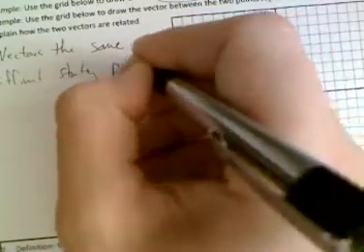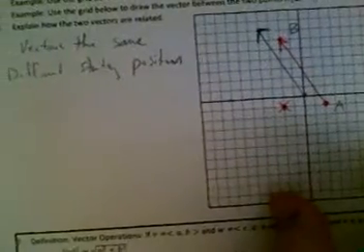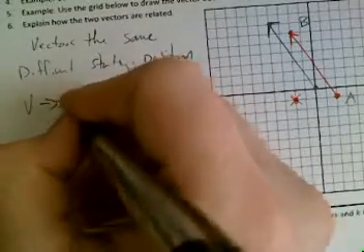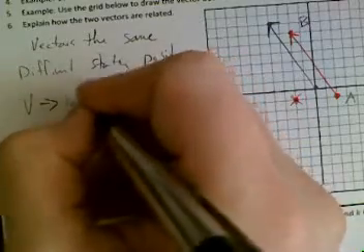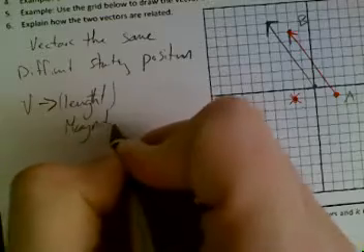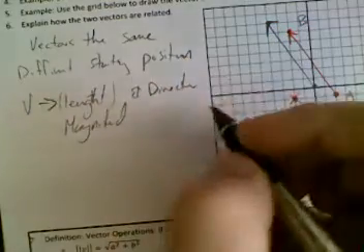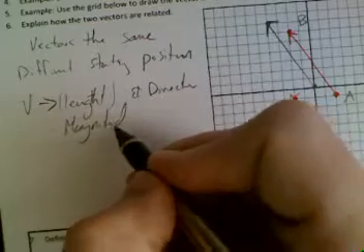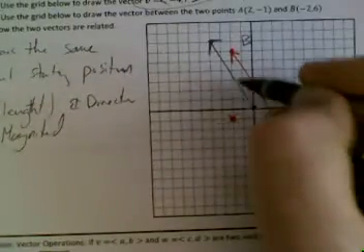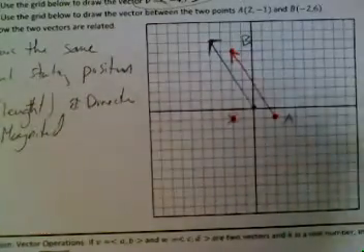But in reality, a vector is only defined as a length, which we refer to as a magnitude, and a direction. The magnitude of this vector is exactly the same as the magnitude of this vector.